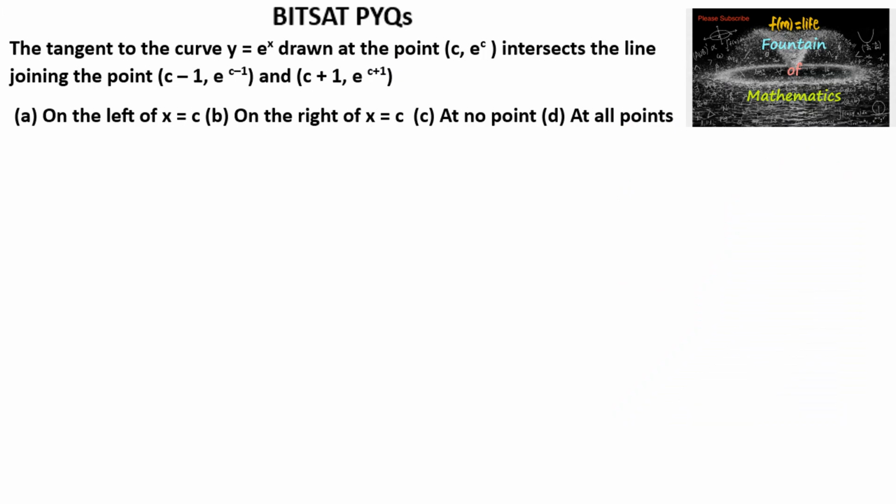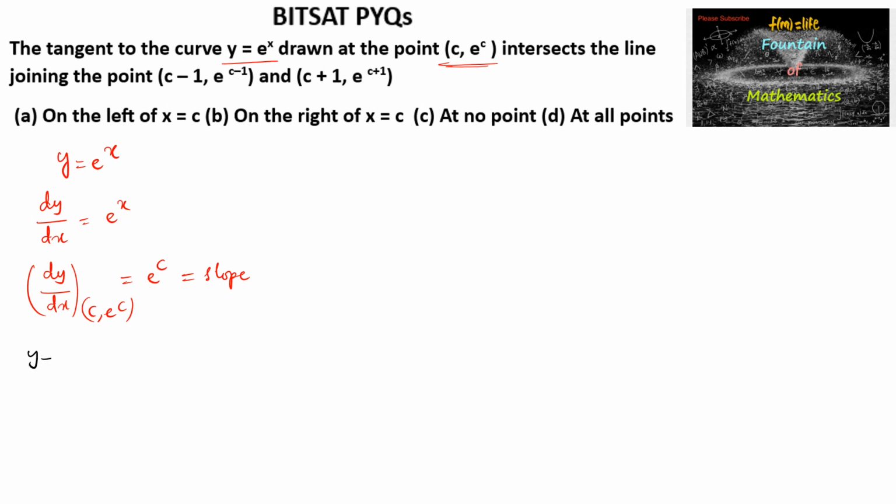The tangent to the curve y is equal to e power x drawn at the point c comma e power c. Let us find the tangent equation to the curve y is equal to e power x. So differentiating, dy by dx is equal to e power x, and the slope of the tangent at the point c comma e power c is equal to e power c. So this is the slope of the tangent.